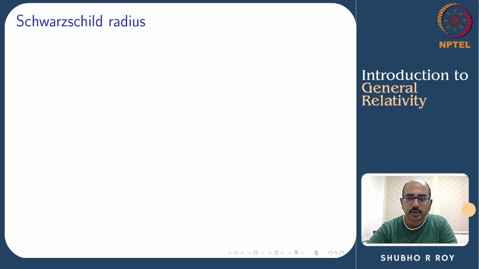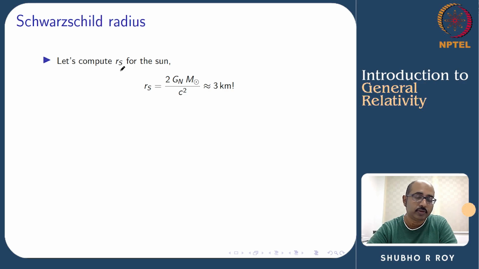All right, let's plug in some numbers and check what the Schwarzschild radius is for the sun, because if we use the Schwarzschild coordinate system, we cannot trust it at or below RS. So it's important to get an idea of how big this RS is for some standard celestial objects like the sun. It turns out for the sun, this is incredibly small. It's just 3 kilometers.